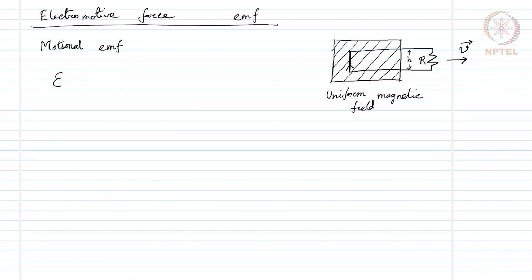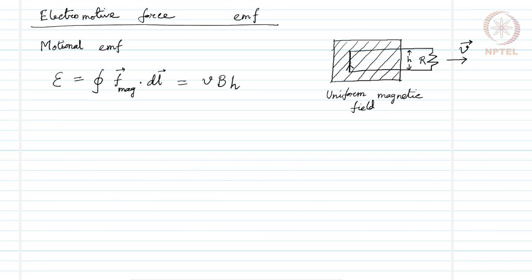which can be given as epsilon equals closed integral over this loop, the magnetic force dot dl, which is velocity times the magnetic field times the height that this loop has.